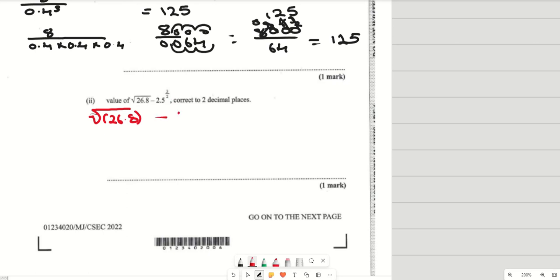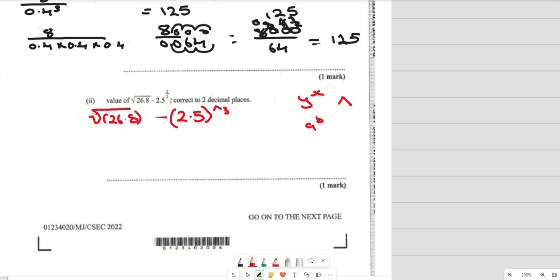Then subtract 2.5 in open and close brackets to the power of, remember that button y to the power of x, or the button that looks like an upside down V. That means to the power of. Let me erase this so that I could have space. For the power of, again, it would be either y to the x or x to the y, depending on what calculator I have. And then you're going to put 3 over 2.